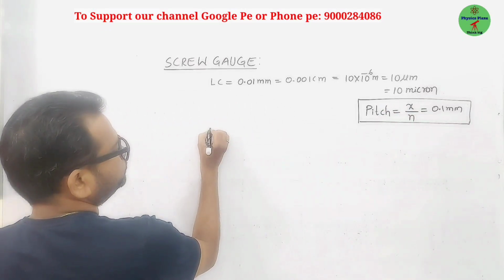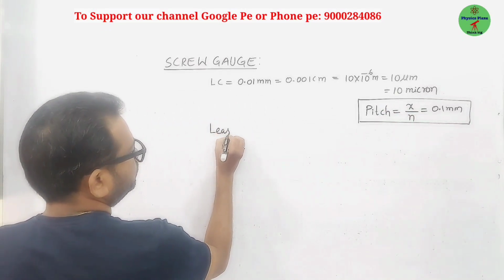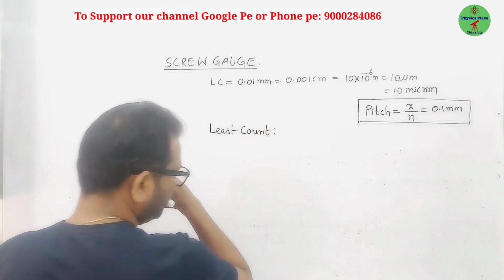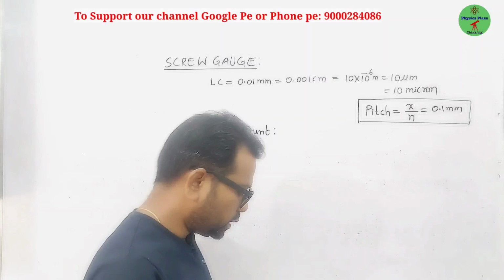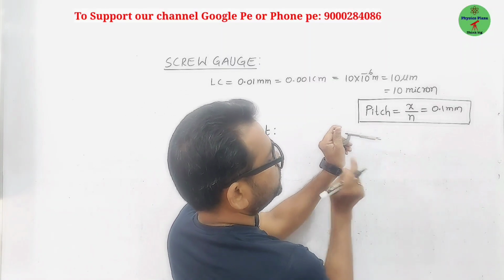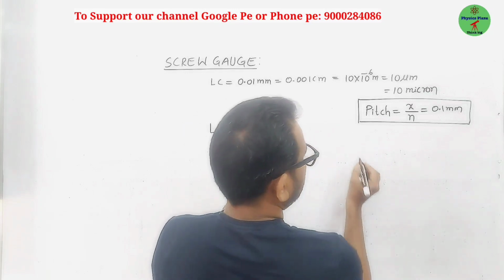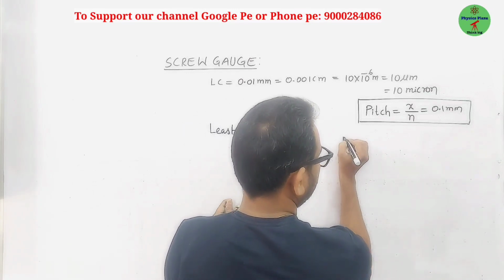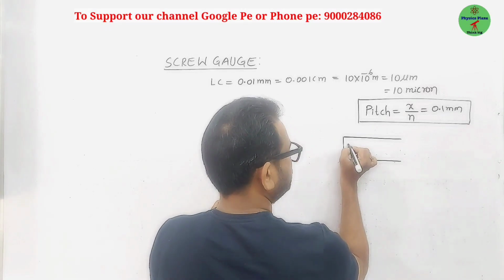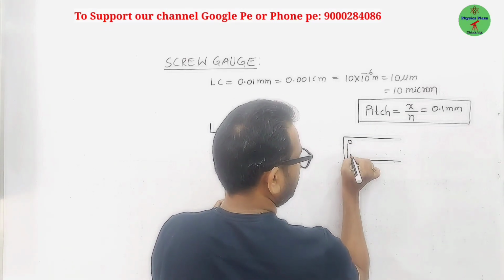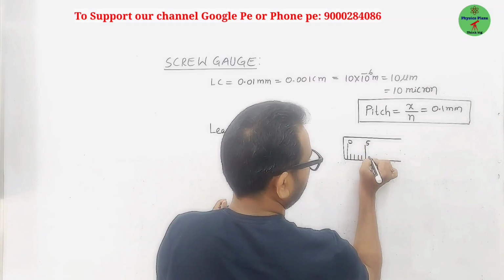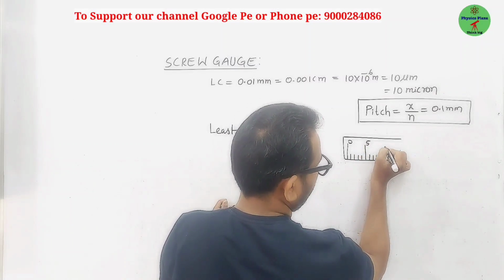Now let us talk about the least count. If you want to understand the least count, children, here is the main scale. It is calibrated as I told you, 0 1 2 3 4 5, 1 2 3 4 5.